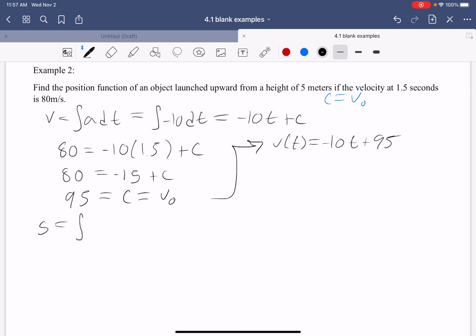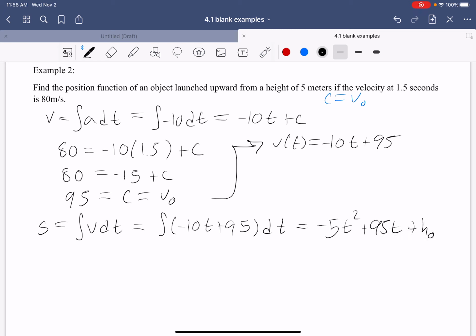Now we can find the position function by calculating the antiderivative of velocity. So we'll do the antiderivative of negative 10t plus 95, which is going to give us negative 5t squared plus 95t plus initial height. You could write c there again if you wanted to. Just know that it is a different constant than that one.